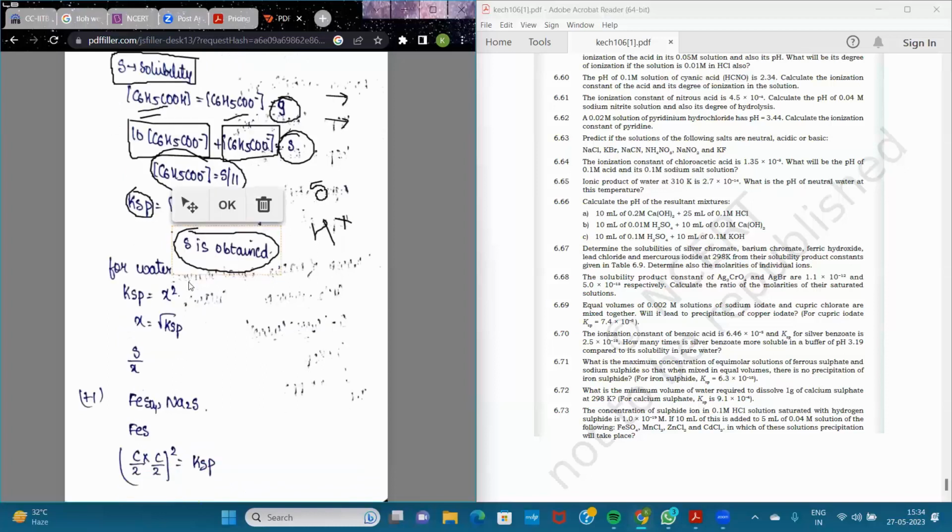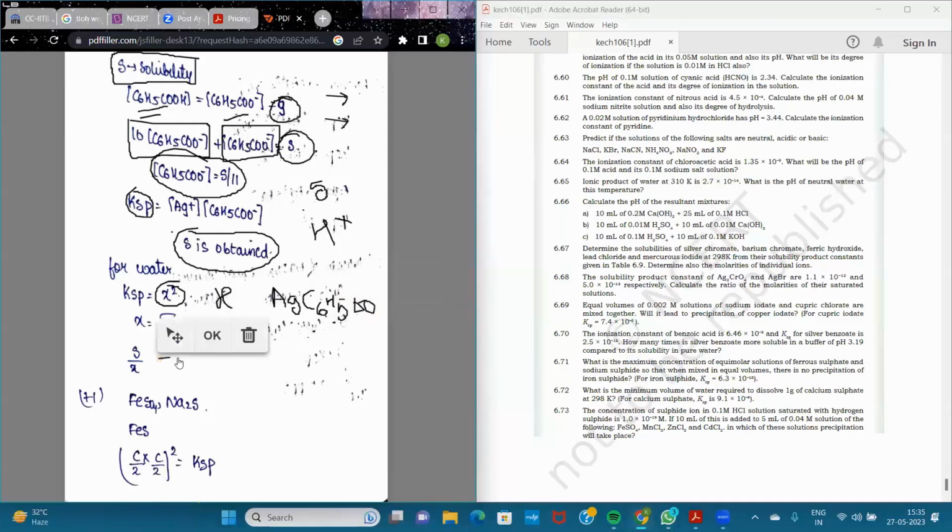And now the solubility in pure water is very easy. Let us consider the solubility as X directly. Just because on dissolving, the silver benzoate gives stoichiometric coefficient for both silver ion as well as benzoate ion as 1, we can directly write X into X is X square. So X is root KSP.